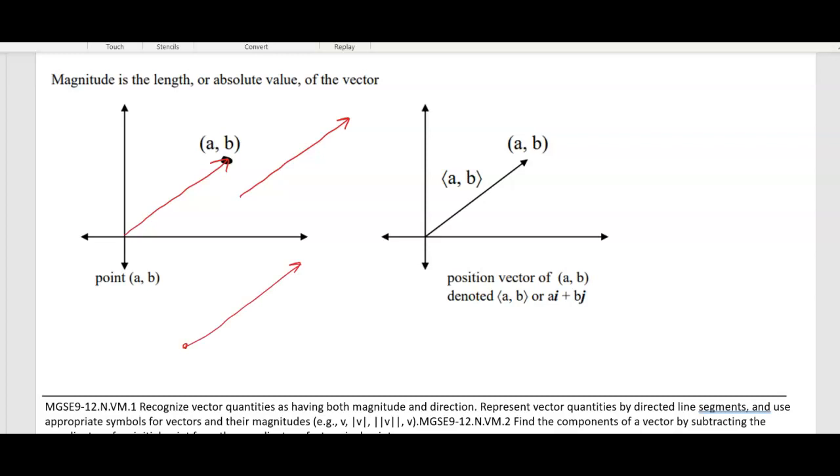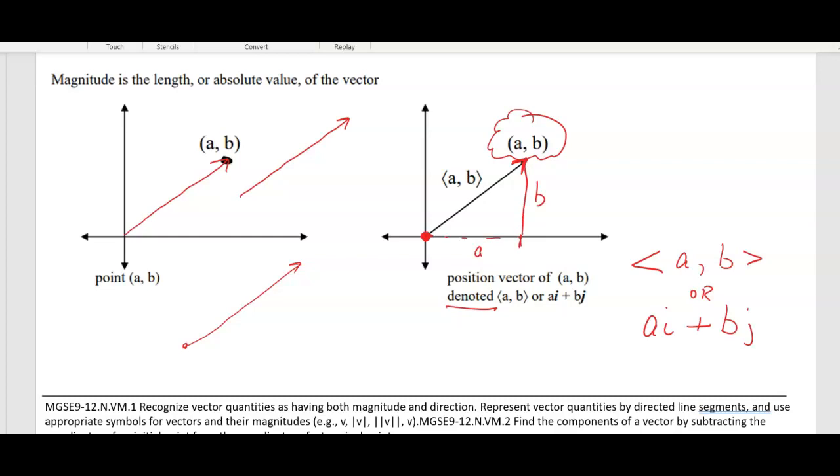But when you're going to actually numerically force it to be in standard position, meaning the initial point is going to be on the origin, the terminal point will be at (a, b), and when that happens, right, you'll actually denote or write the vector as, this is vector bracket notation, ⟨a, b⟩, or ai + bj.